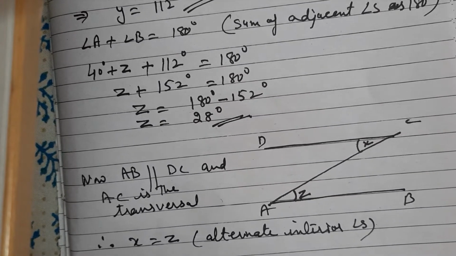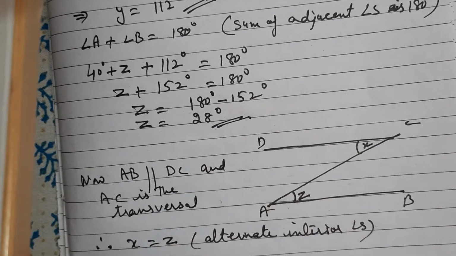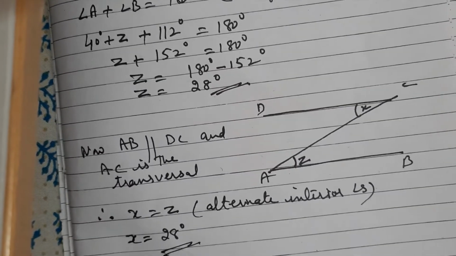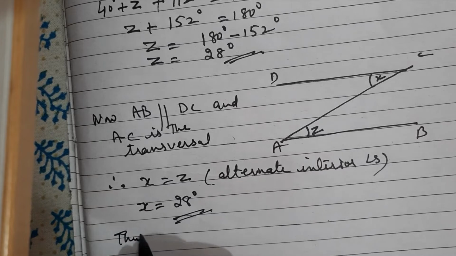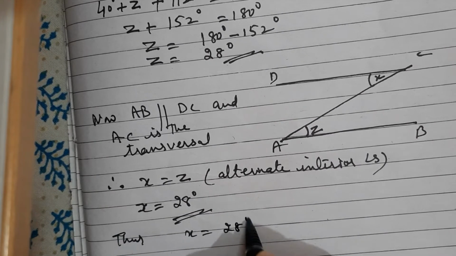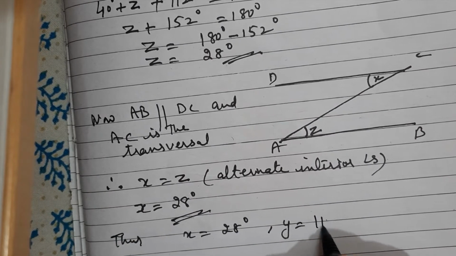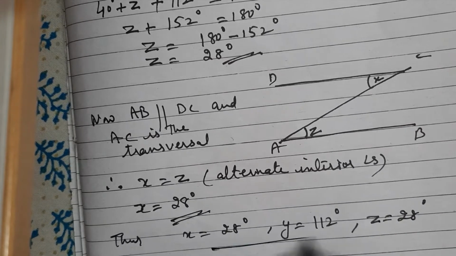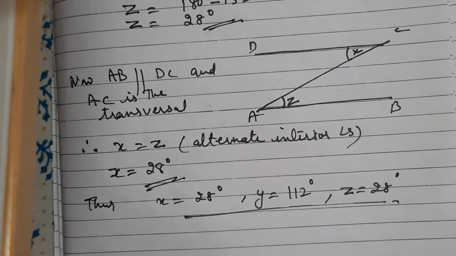So X is equal to, value of Z is already calculated here, 28 degrees, which is equal to 28. Thus X is equal to 28 degrees, Y is equal to 112 degrees, and Z is equal to 28 degrees. So these are the values of X, Y, Z.